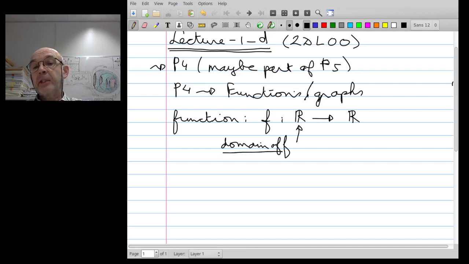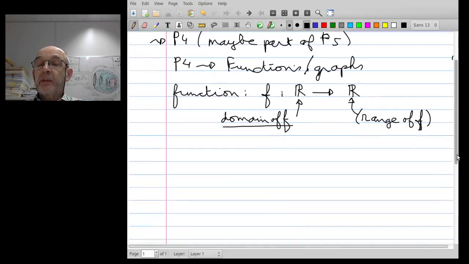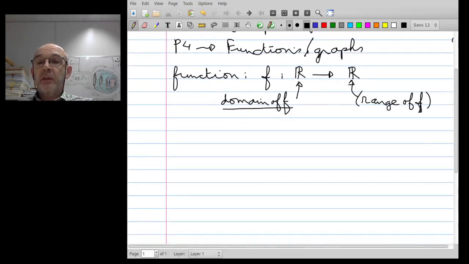As I have written here, I can put everything in it that I want, so every real number, but most of the time that's not the case. We will see some examples. And what you get out of it is called the range of f. Here it is written that you can get every real number out of it, but that is not always the case, we shall see.